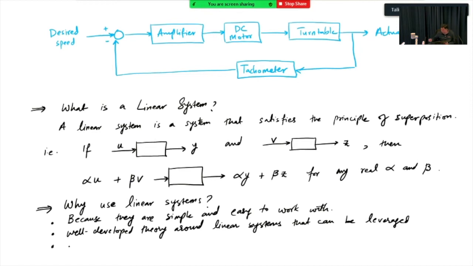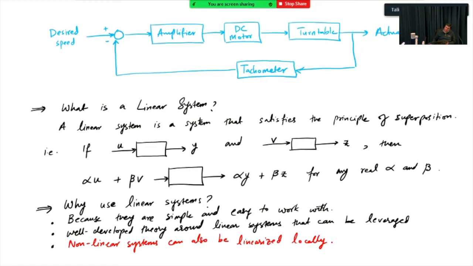And the best part is that even nonlinear systems can also be approximately linearized, or maybe a better way is to say they can be linearized locally.